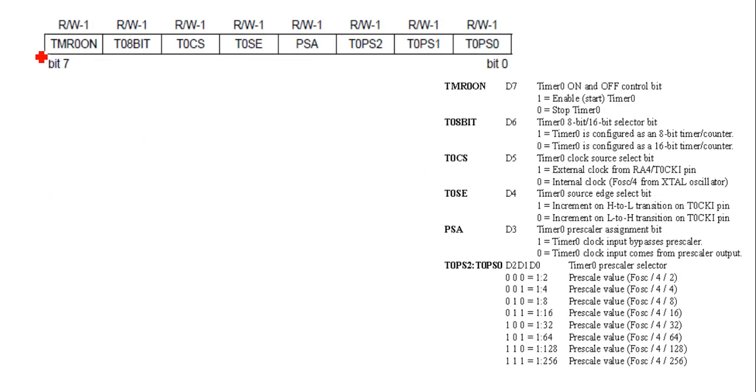Now, the T0CON register combination. If I choose Timer 0 as a 16-bit timer without prescaler, what are the bits we have to consider? The first condition is that it is a 16-bit timer. 16-bit timer means this T08BIT bit will be 0.